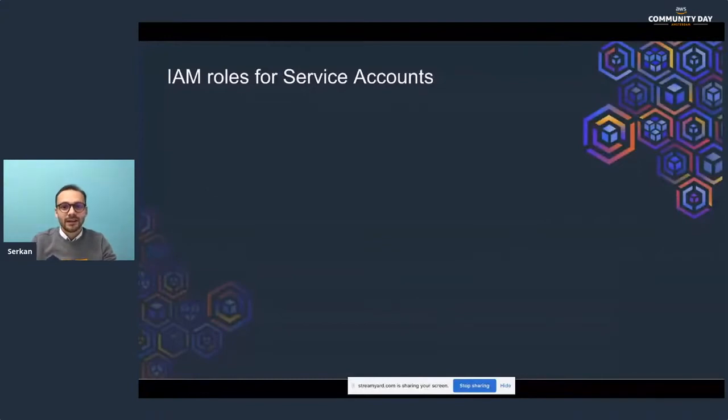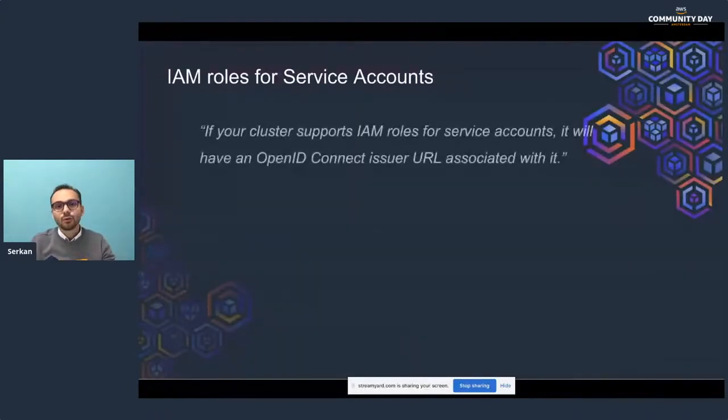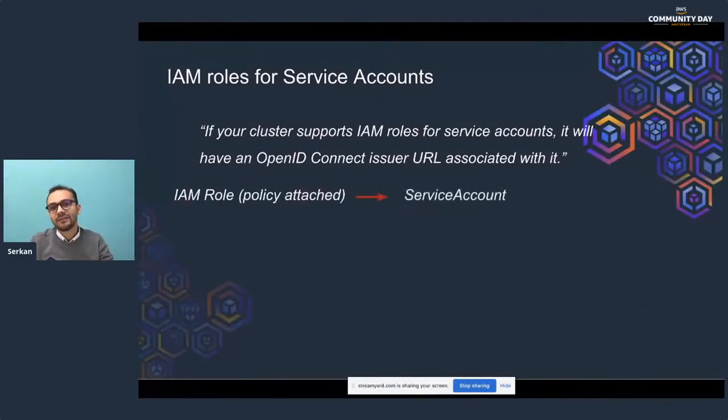IAM roles for service accounts. It's basically when you need to talk with AWS resources, especially if you are adjusting something, you can give permission to your specific role. What you would like to do is create an IAM role on AWS, attach a policy to it, and then integrate this IAM role with a service account in the Kubernetes cluster, and then bind this service account with the container.